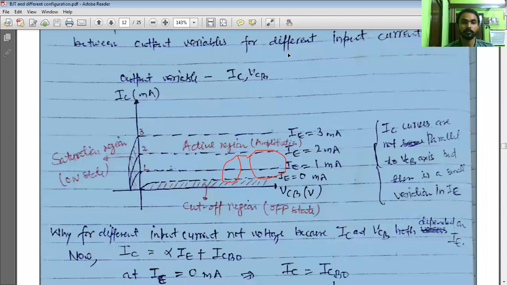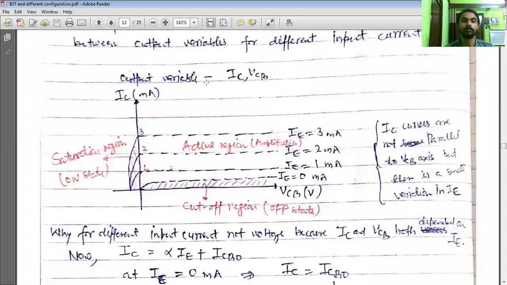It's a very interesting one, so you have to understand it. Forget all the mathematics; I've just drawn a curve. We'll learn how these lines come. Enjoy the curve first. This is the output current, and this is the output voltage, and this is an output characteristic curve between the output current and output voltage for different input currents.